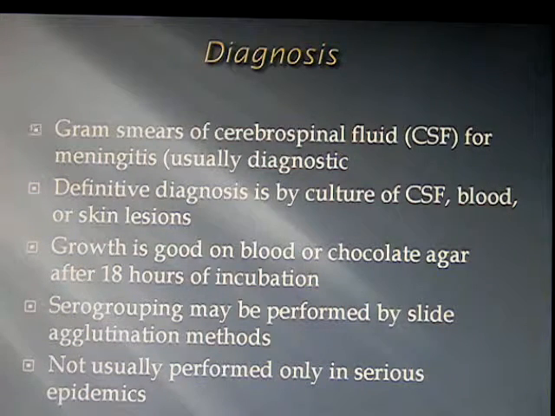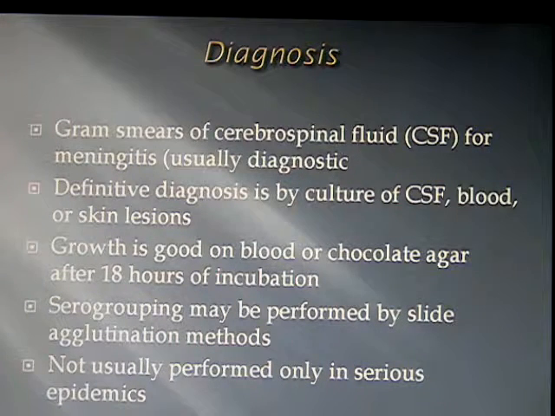Some of the ways that we can diagnose Neisseria meningitidis is through gram smears of cerebrospinal fluid for meningitis, and usually this is diagnostic. However, a definitive diagnosis is usually by a culture of the cerebrospinal fluid, blood, or skin lesions. The Neisseria bacteria grows on blood or chocolate agar, and usually requires about 18 hours of incubation.